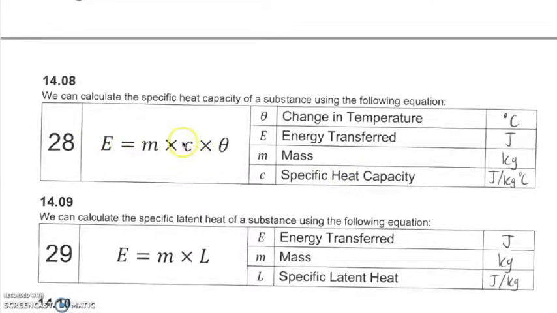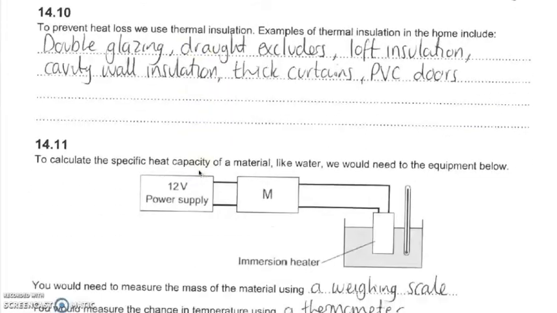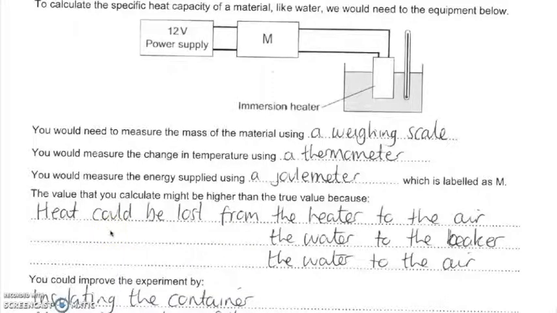So that means the specific heat capacity will equal that energy reading on your joule meter divided by the mass that you've got from your digital scales, multiplied by that change in temperature, and that should give you the specific heat capacity of that material. Now, we are dealing with real life situations, and sometimes the specific heat capacity is slightly higher than the actual true value that it should be.